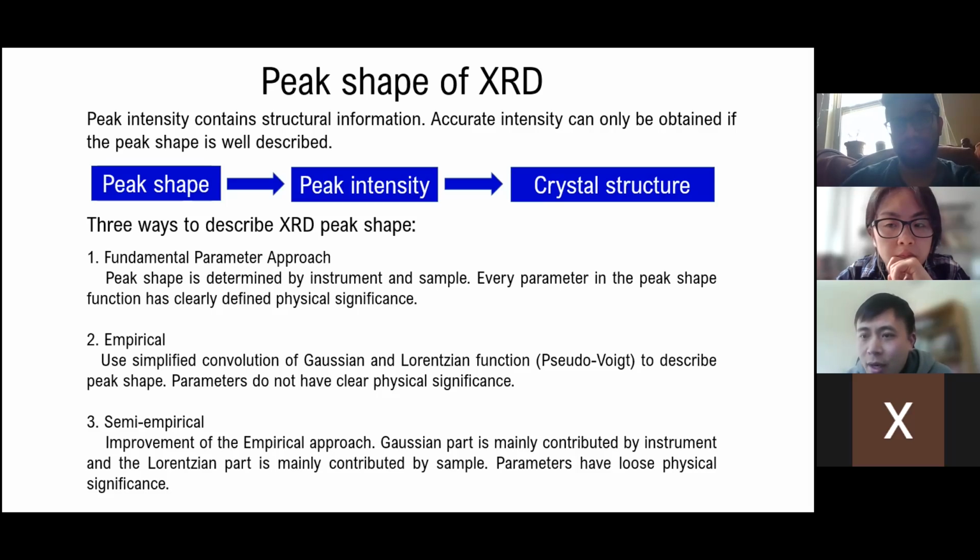We usually regard them as either a pure Gaussian or pure Lorentzian, or some sort of simple pseudo-Voigt, which is basically a linear combination of Gaussian and Lorentzian. We'll talk about what Gaussian and Lorentzian are later.